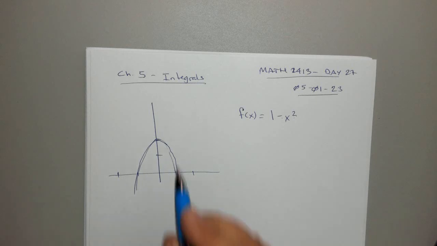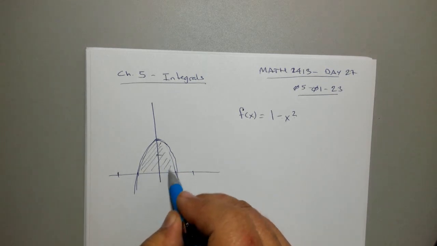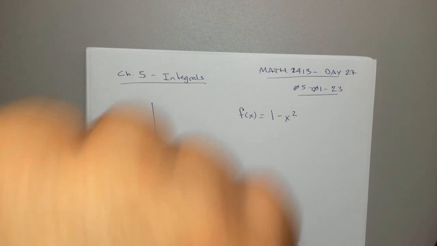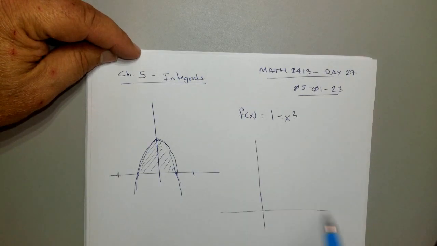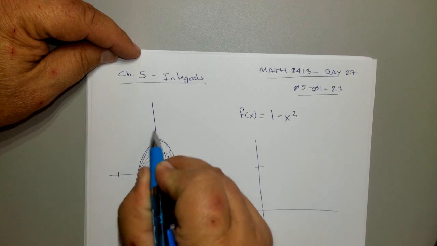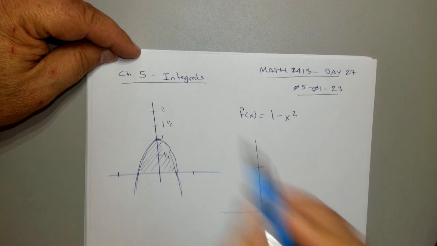Now, in this section, our objective is to find areas under a curve. This is 1/2, this is 1, 1 and 1/2, 2.